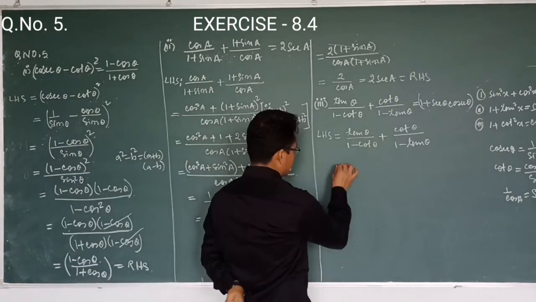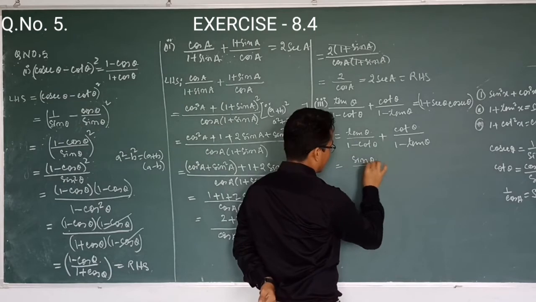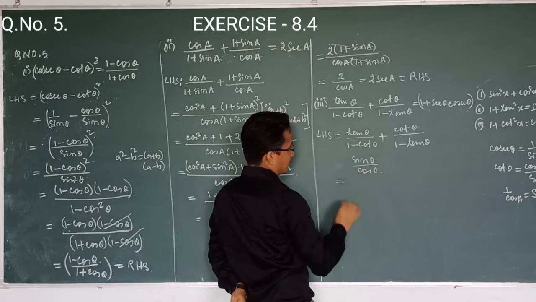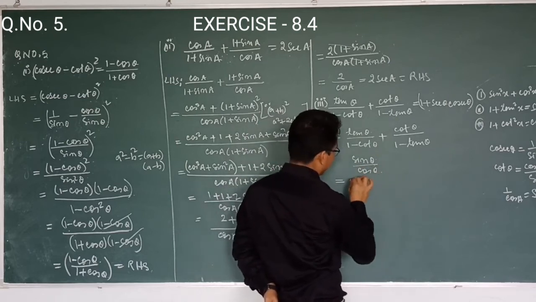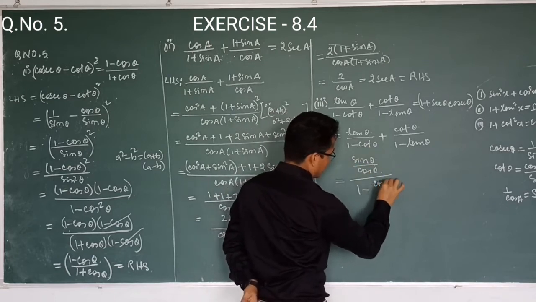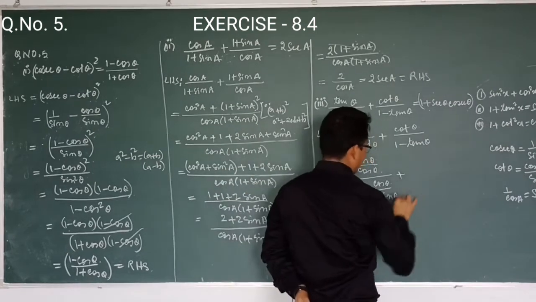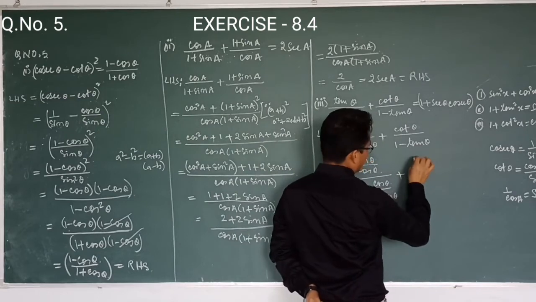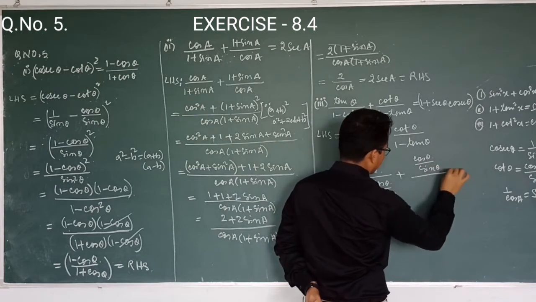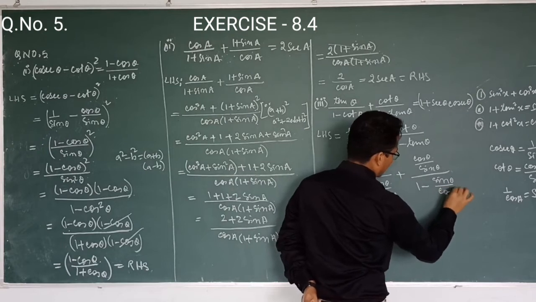Clear? So similarly, sin theta by cos theta means tan theta. This tan theta I will write as sin by cos, divided by 1 minus cot theta, where cot theta is cos theta by sin theta, plus, then this cot theta is cos theta by sin theta, and I will do the same with the tan, sin theta by cos theta.